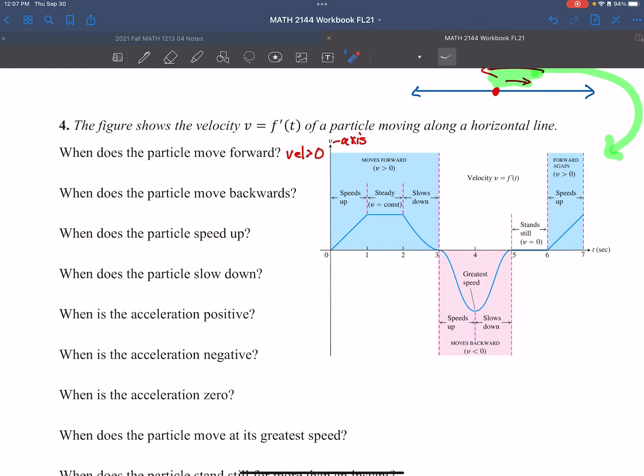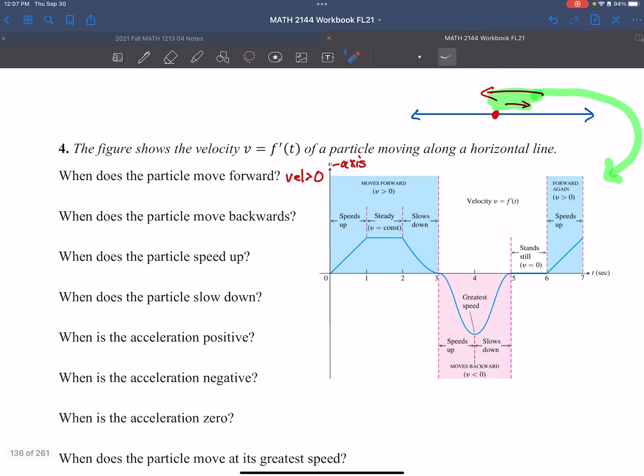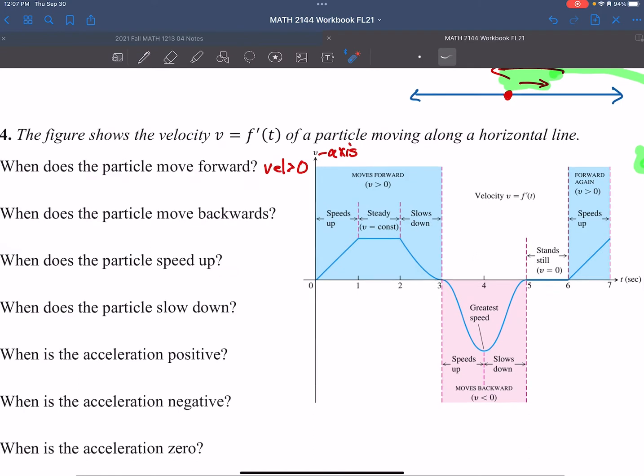So essentially, let's just look at this and then decide. It's actually already labeled for us, but I just want to make sure we understand the reasoning of these. You can see in the two shaded blue parts, this is where the particle is moving forward.